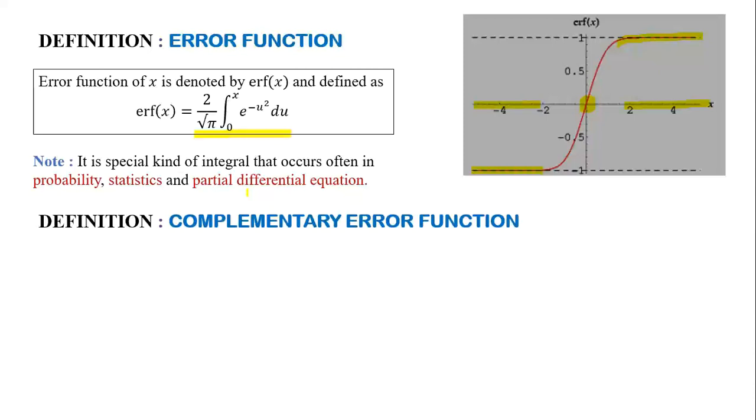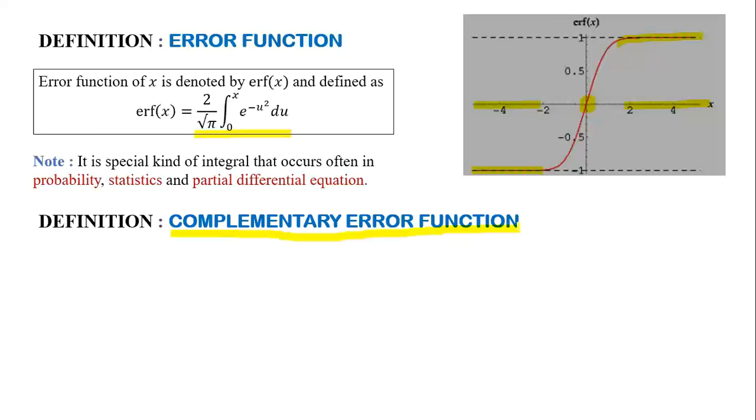Now next definition, there is one more function which is associated with this error function, and that function is called the complement error function. It is very similar to your probability function, the complement of the probability function. As we know that P of A is the probability of a given event A, then 1 minus P of A actually gives you the complement of the probability function.